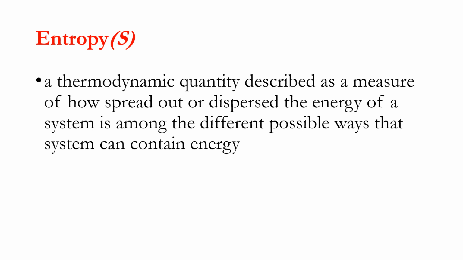So the greater the possible ways to contain the energy, the higher the possibility for the dispersion of energy. If we have two possible ways of dispersing energy in a system, comparing that to three or more possible ways, then you expect the system with more possible ways of dispersing the energy to have a greater amount of entropy.